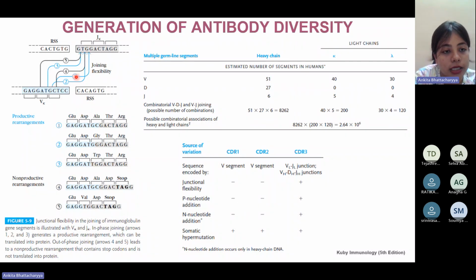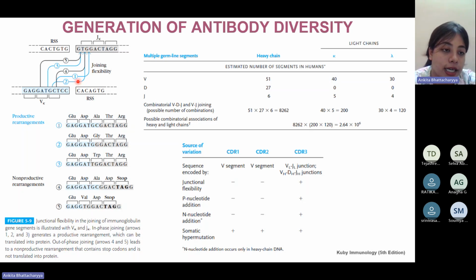Let's look at this first representation of junction formation. The V region is breaking off between C and D, and it is then joining here, right after GTG from the JK. So after three amino acids, you can see insertion which is occurring.